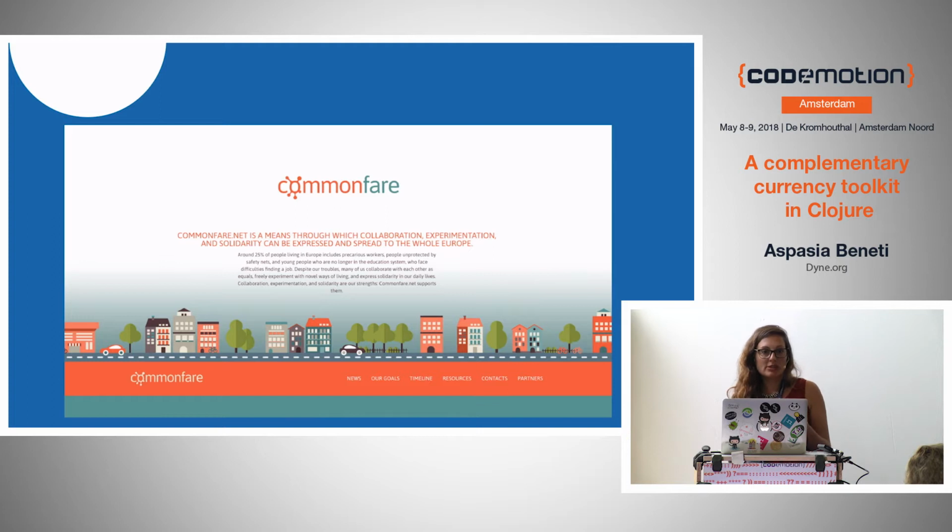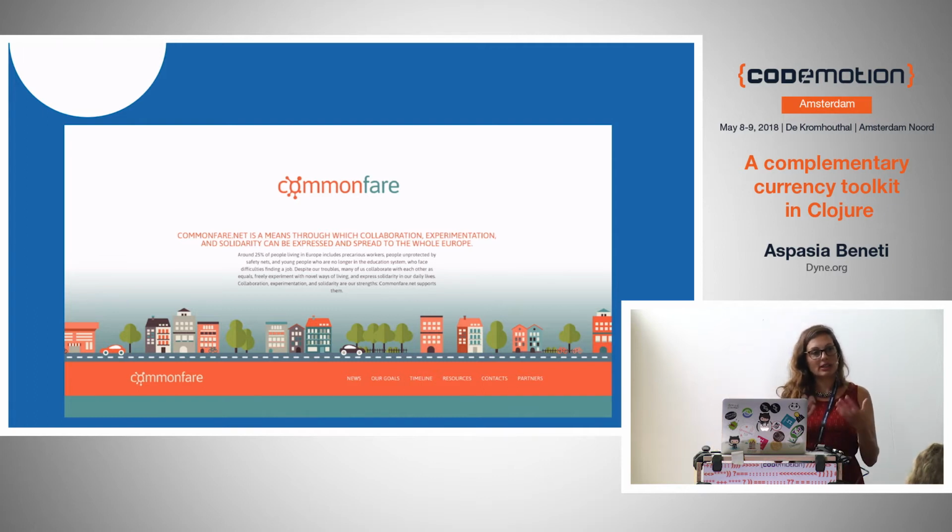So the main goal is to create a platform where people can get informed and share their stories, share good practices, and find out about their location: how they can get employed, how they can receive social benefits, and how maybe they can also share their services.